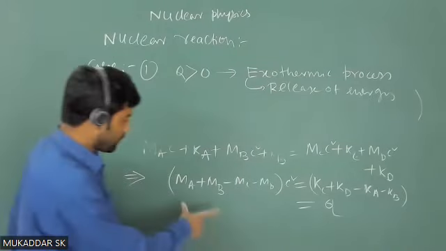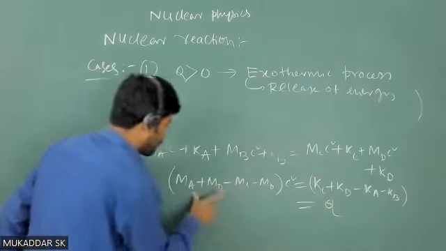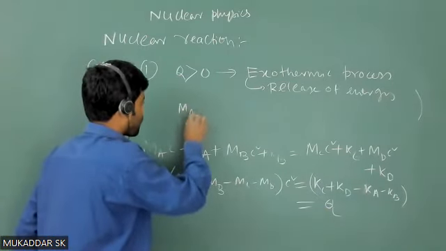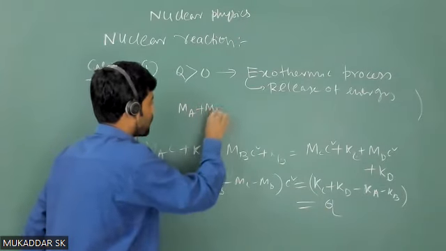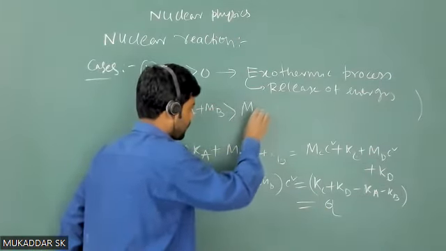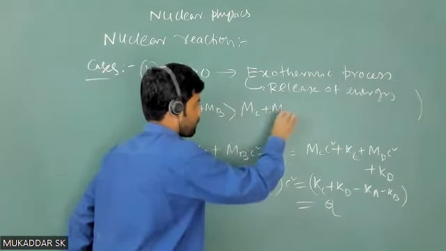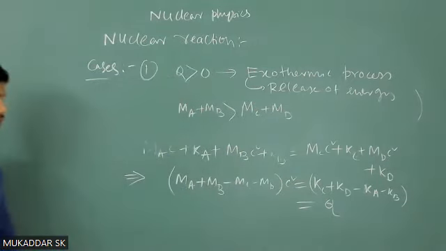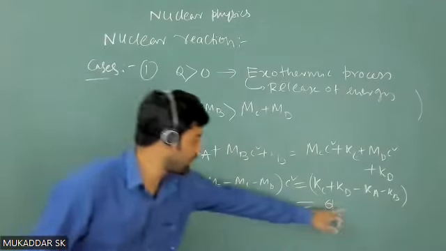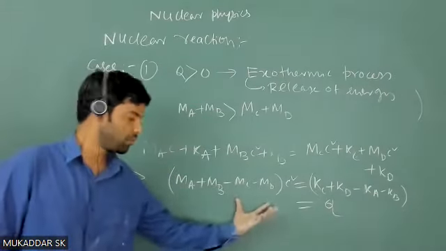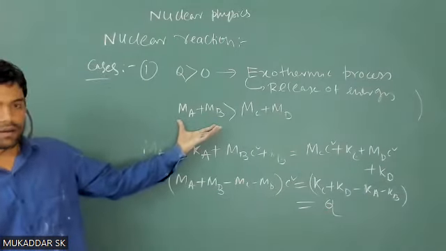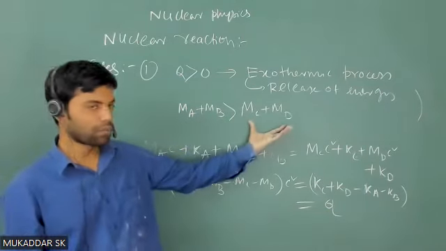So Q greater than 0, when will we get that? It means that Ma plus Mb should be greater than Mc plus Md. From this expression, we can see that Q greater than 0 means this factor is greater than 0, which means that the rest mass of the reactant should be greater than the product.